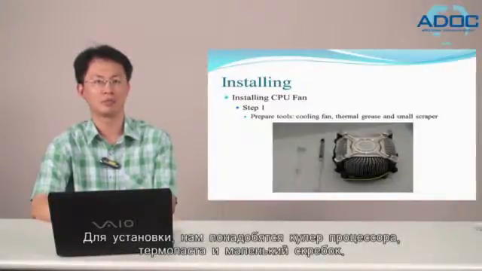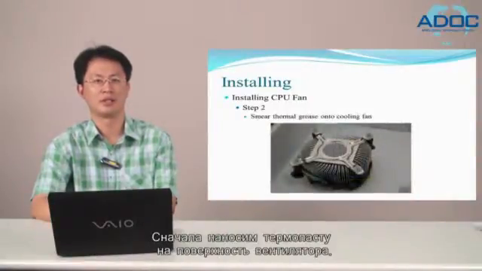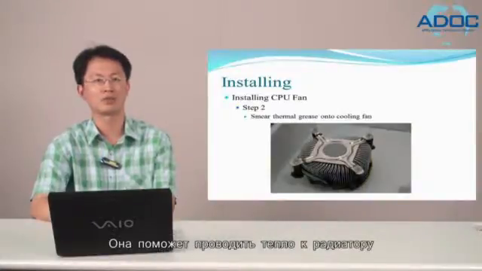What we need to prepare are a cooling fan, thermal grease, and a small scraper. The next step is to smear thermal grease onto the cooling fans. That helps to transmit heat to the heatsink.